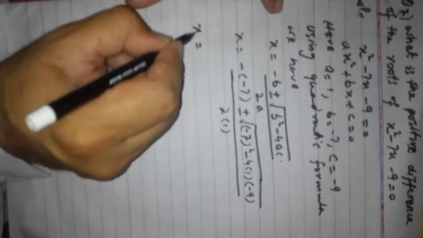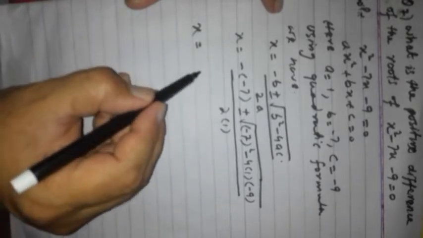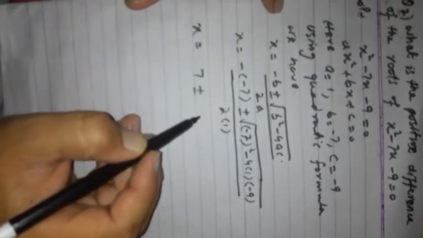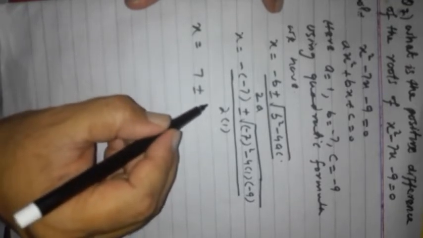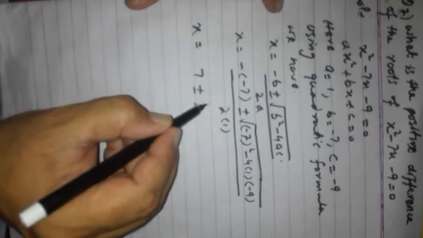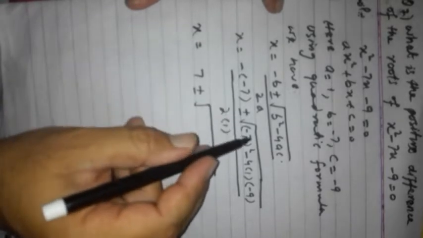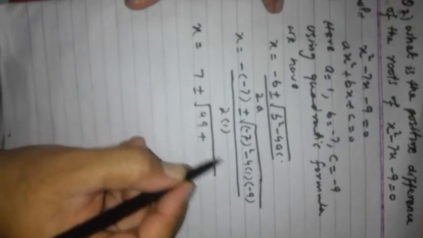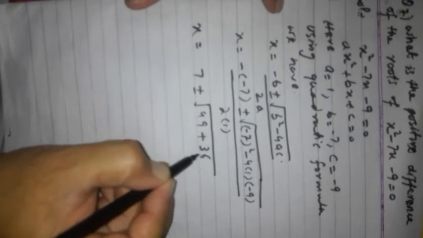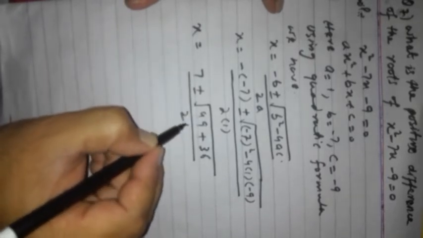We get here x equals to minus into minus plus 7 plus minus under the root 49 minus into minus plus 36 whole divided by 2 times 1 is 2.